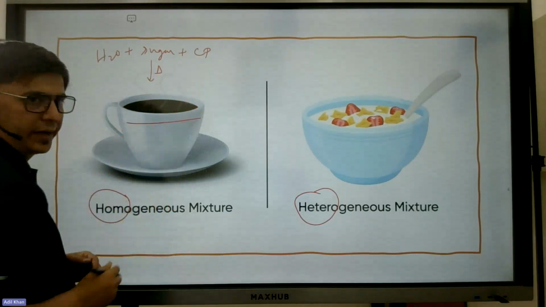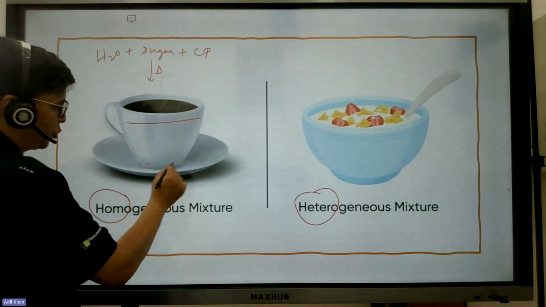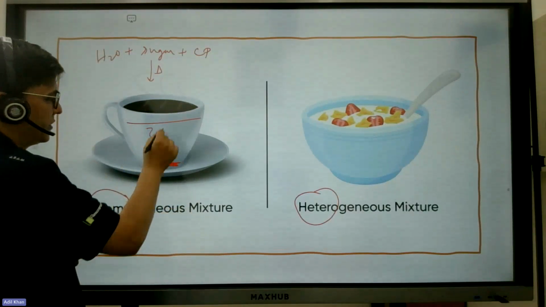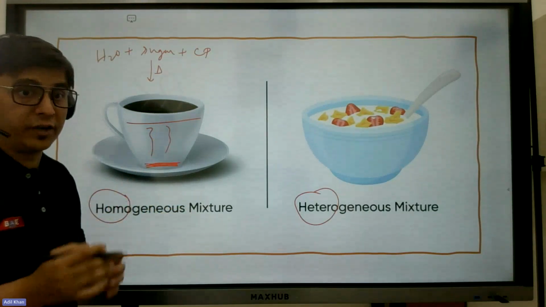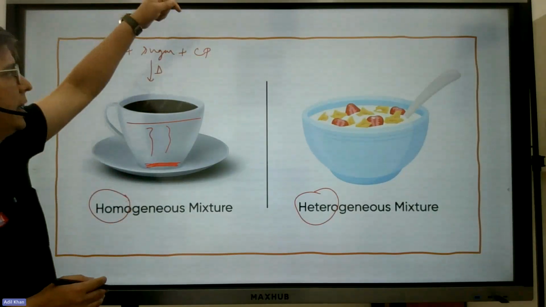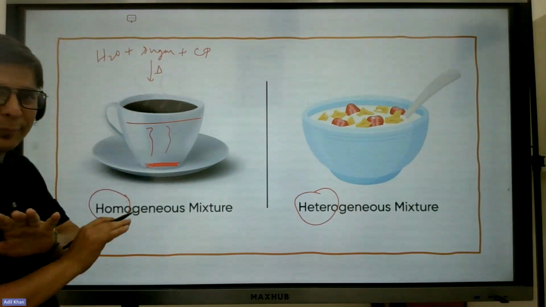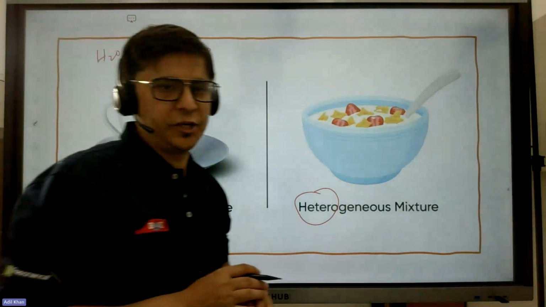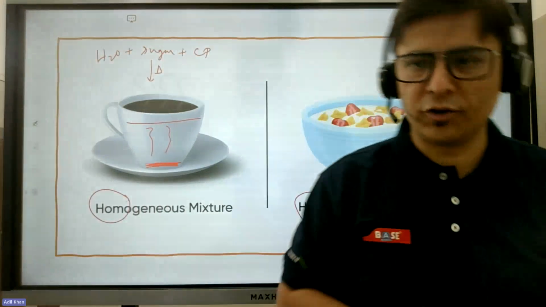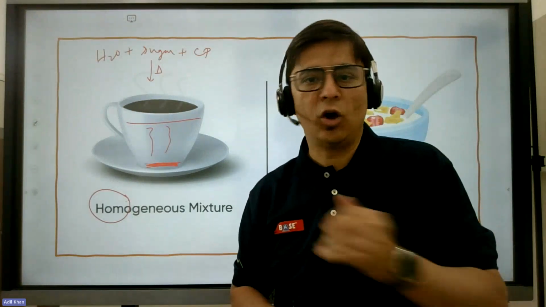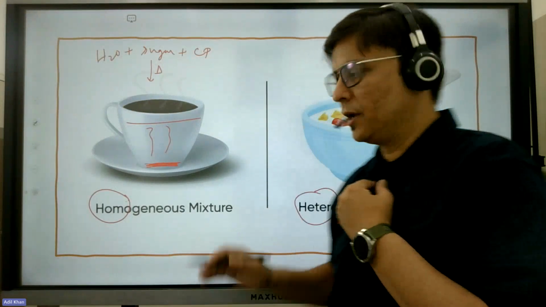Can you tell this is my water layer? You can't. Can you tell my sugar or jaggery is here? You can't. Can you tell my coffee powder is here? You can't, because you cannot differentiate between these three constituents, water, sugar, and coffee powder. This is completely mixed. So homogeneous means you cannot differentiate between the constituent particles. There is no boundary between all these three constituent particles.